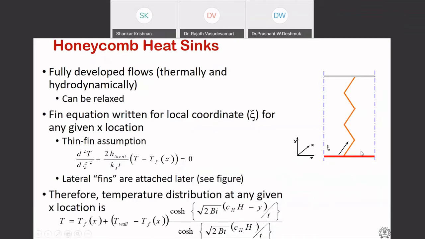This is a hexagonal arrangement, but depending on the angle, one can obtain even straight lines. Here's an example of a hexagonal duct, which is much more involved. The idea is to treat this as a single fin and then add these elements to make hexagonal ducts.